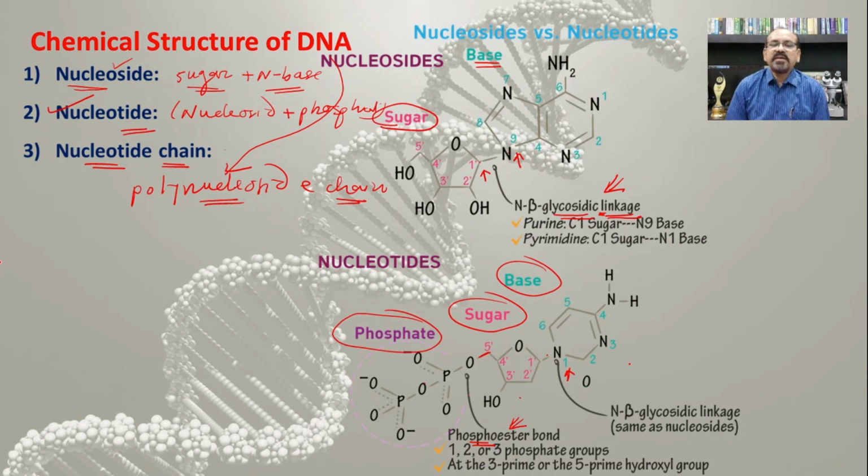In this way there will be the formation of first a nucleoside and then a nucleotide, and these nucleotides join with each other to form a polynucleotide chain, that is nothing but DNA and RNA.